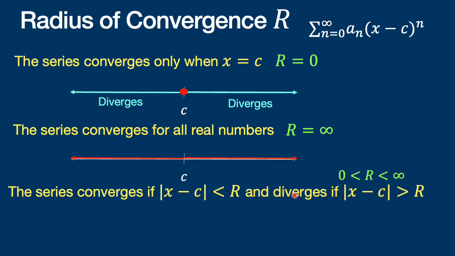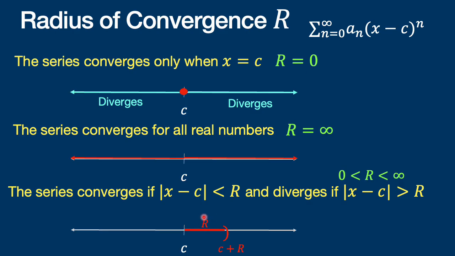Let's draw the number line. R should be between 0 and infinity. The center is c. What does the absolute value of x minus c less than r mean? You have radius r; go to the right by r, and the endpoint is c plus r.